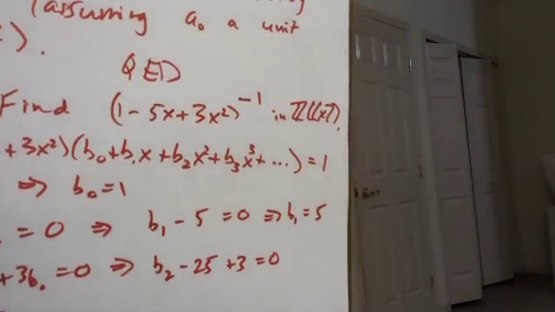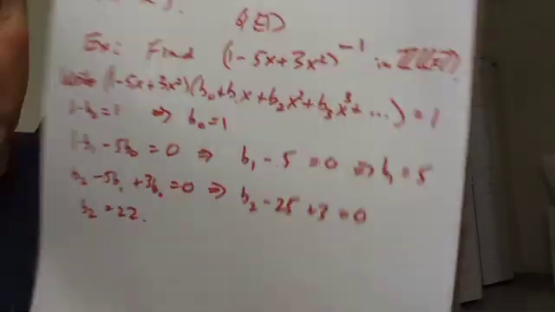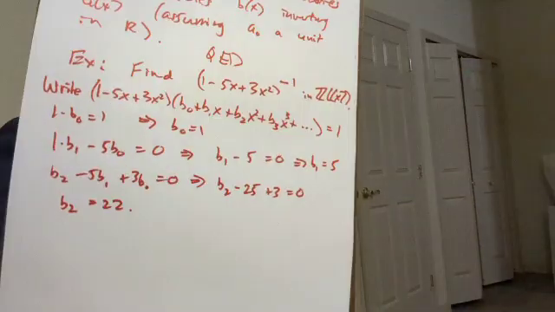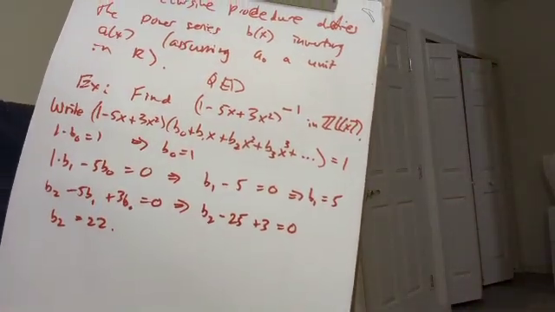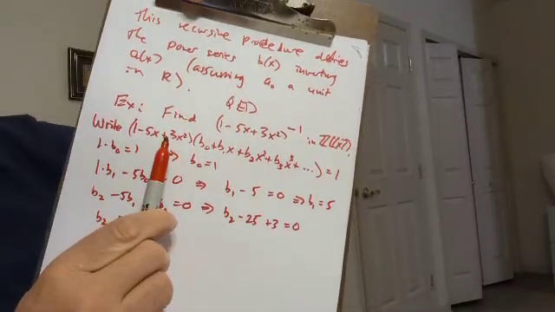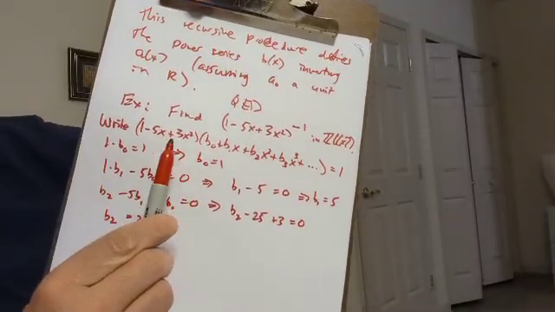Now let's look at coefficients of x cubed on both sides. So we get x cubed by taking 1 times x cubed, or x times x squared, or x squared times x. And normally I'd say or x cubed times constant, but we don't have any x cubed here.